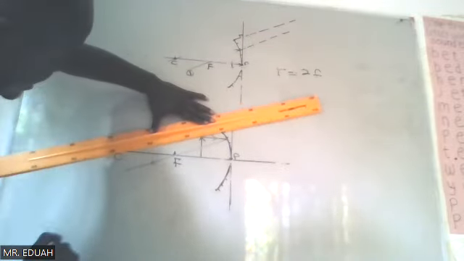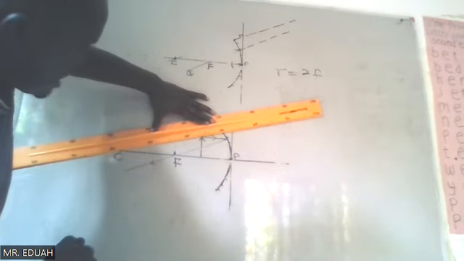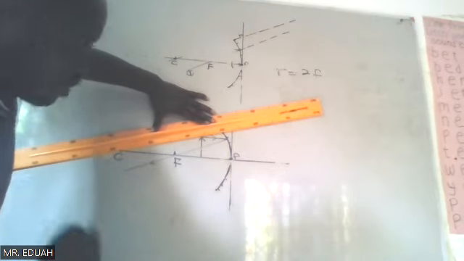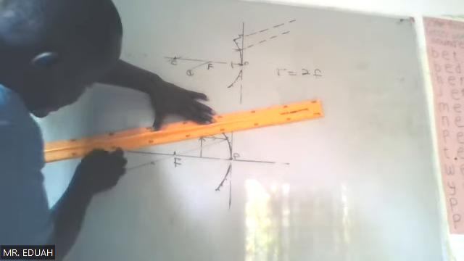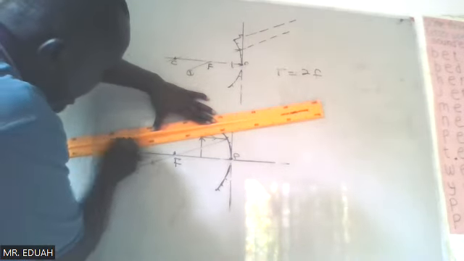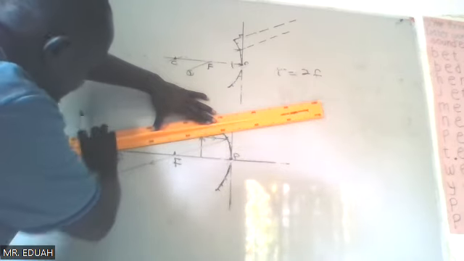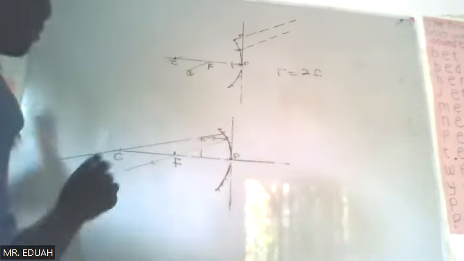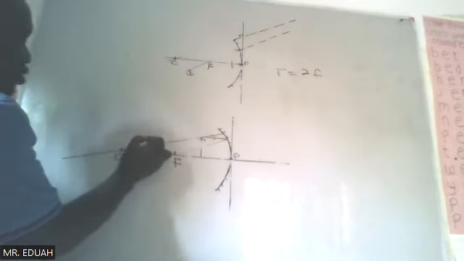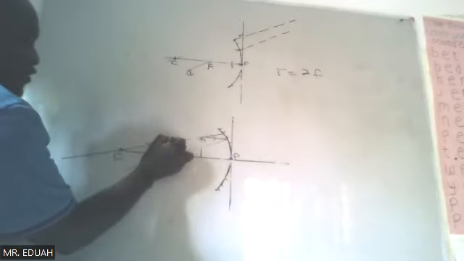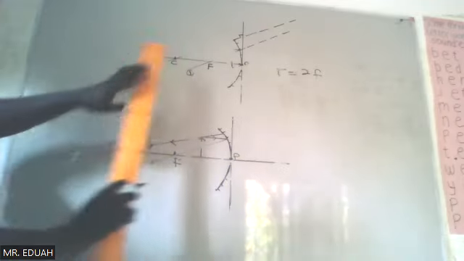A ray of light hitting the mirror normally reflects along the same path and then passes through a point on the principal axis. And this point is the center of curvature. So, incident, reflection. Okay.